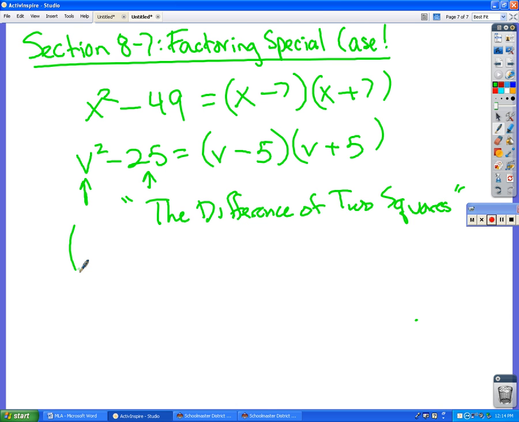So to do another one, just for funnies, if I had W squared minus 64, you would recognize that it's going to be 8 because the square root of 64 is 8, so it'll be W plus 8 times W minus 8.